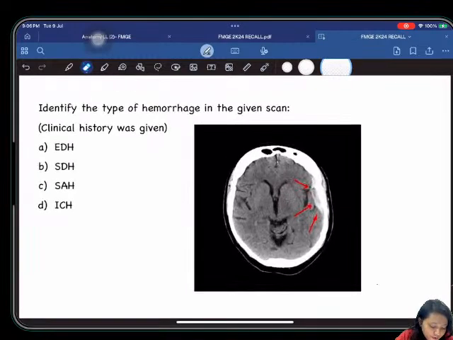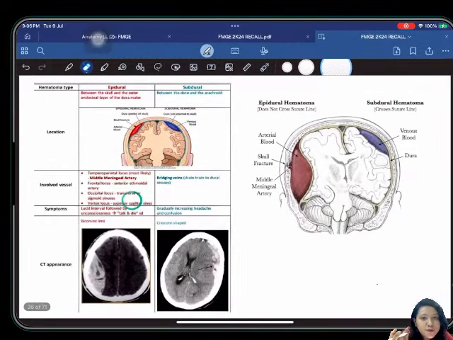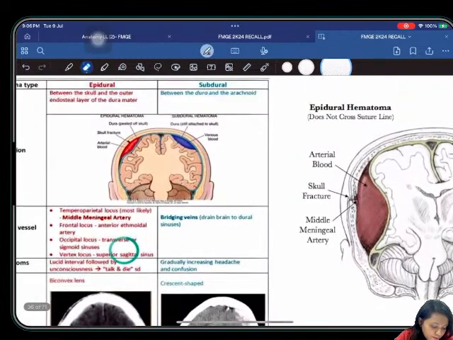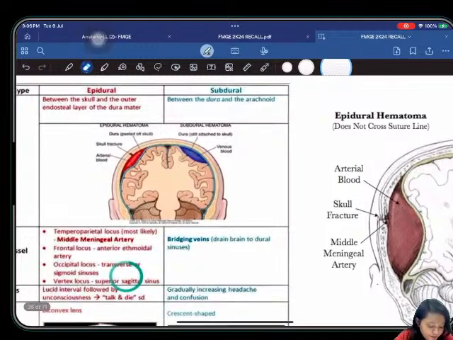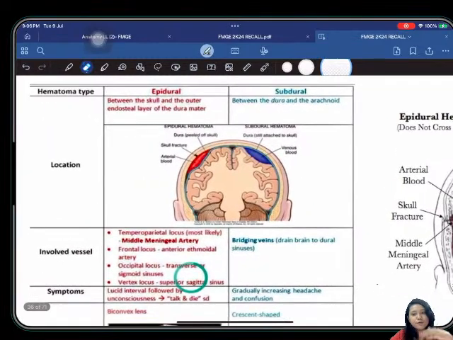So before going to this, let us study the difference between the epidural and the subdural. As I told you in my previous neuroanatomy class, you have the dura mater, the arachnoid mater and the pia mater, and then the brain. The pia is the deepest and the dura is the outermost meninge. Above the dura is the epidural or extradural.